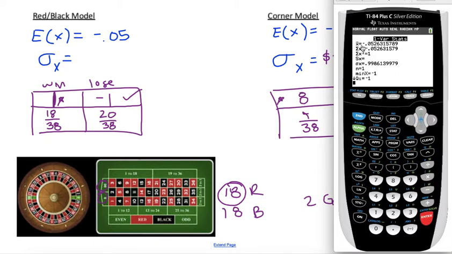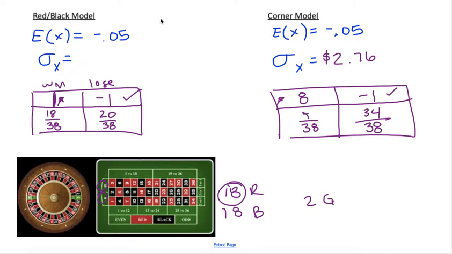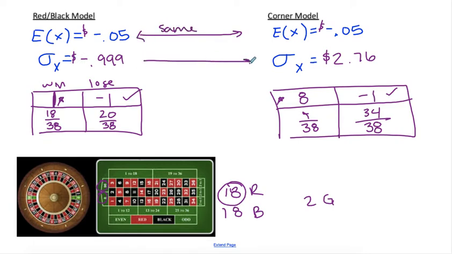And again, this confirms that losing a nickel, so they do have the same expected value, but then here as we look at our standard deviation, we have 0.998. So I'm going to say just 0.999 here. And so if we look at this idea, they have the same expected values here, but their variations are different.